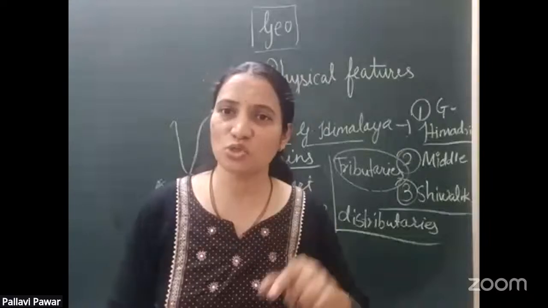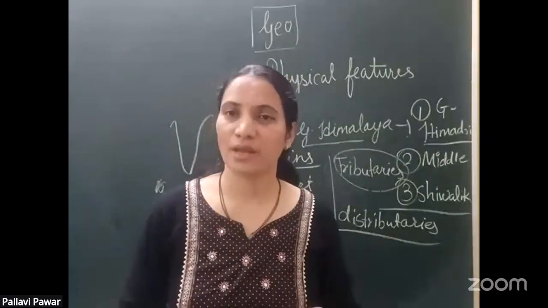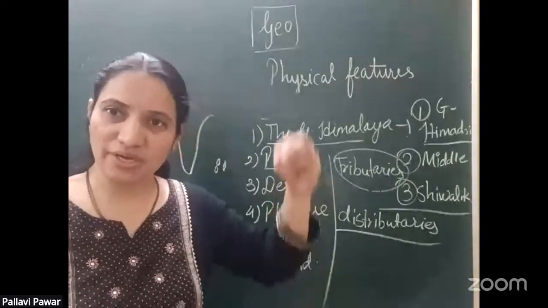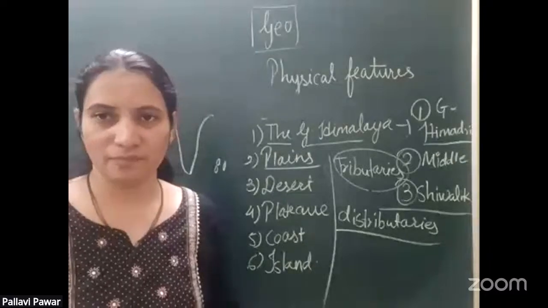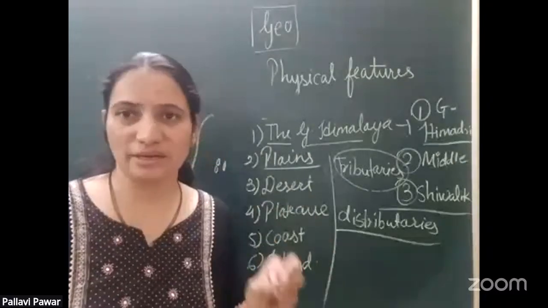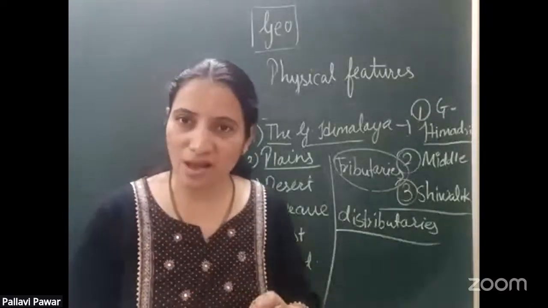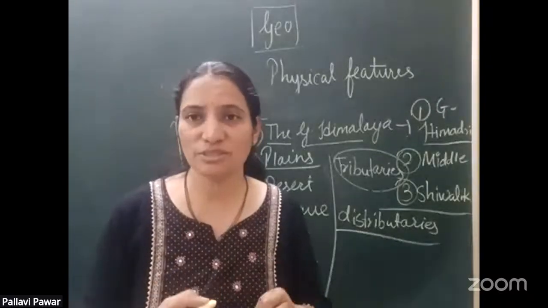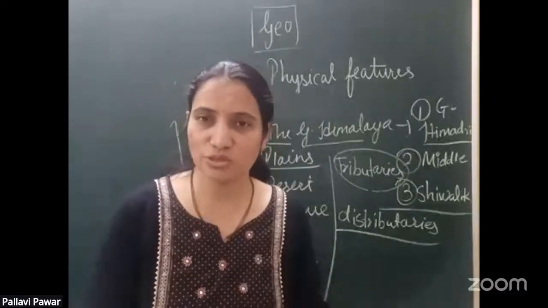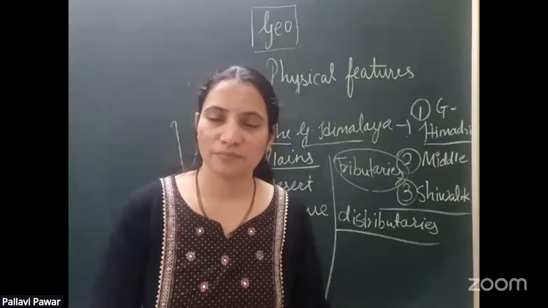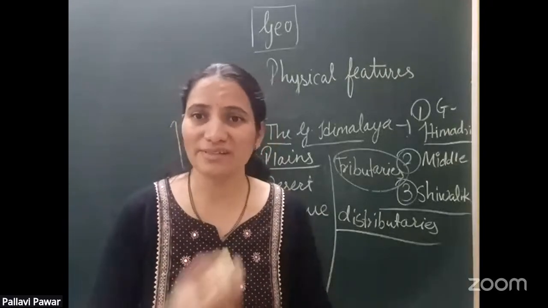Mount Everest is located in Nepal. This is the highest mountain of the world, and it has a height of 8,848 meters. When we are talking about India, Kanchenjunga is the highest mountain. Its height is 8,586 meters, and it is located in Sikkim.